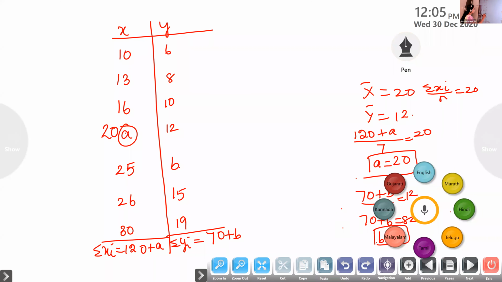So it is 14. Instead of B, we can use 14. Now we are asked to find the Pearson's coefficient, isn't it? So what we can do?